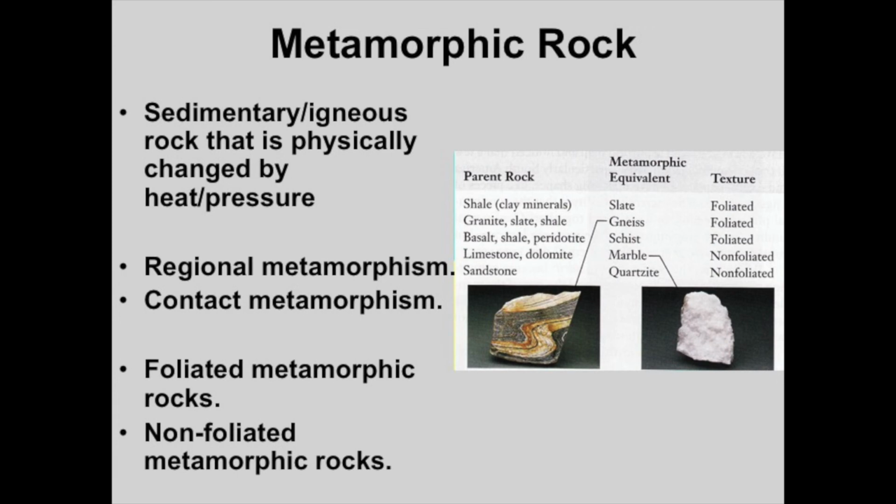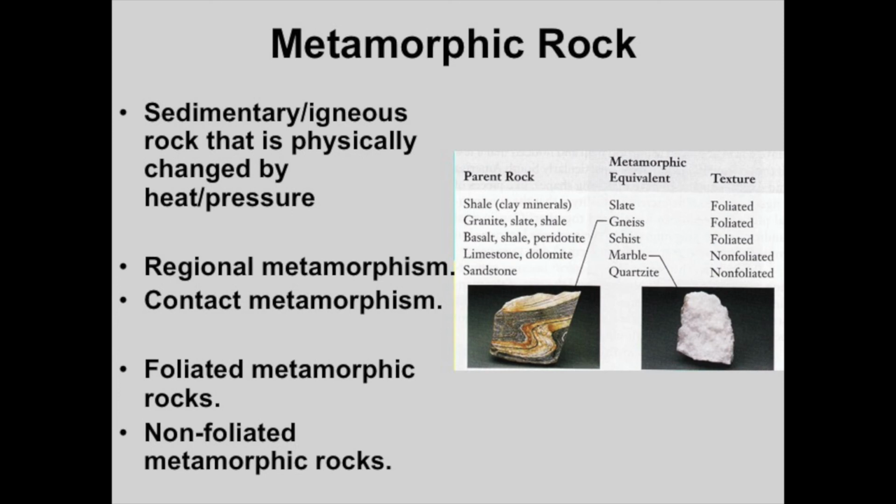As a result, there are two classes of metamorphic rock types, foliated and non-foliated. And generally, when we describe something as being foliated or non-foliated, we're describing the texture of the rock material. Foliated metamorphic rocks are rocks in which minerals are being transformed into wavy patterns in terms of how we view them.